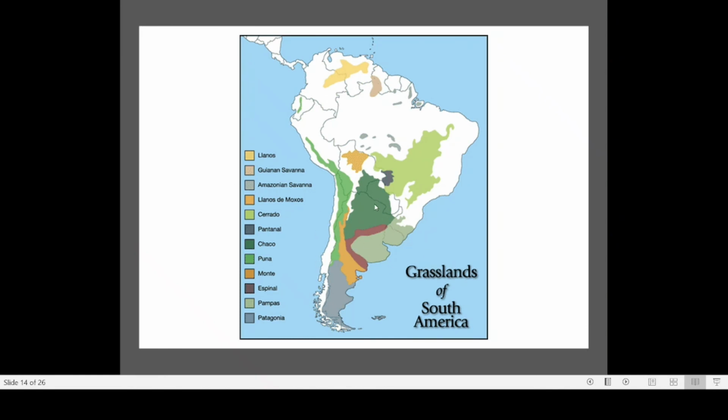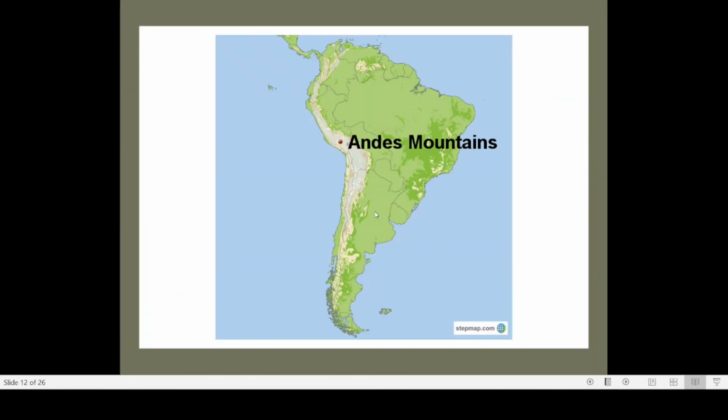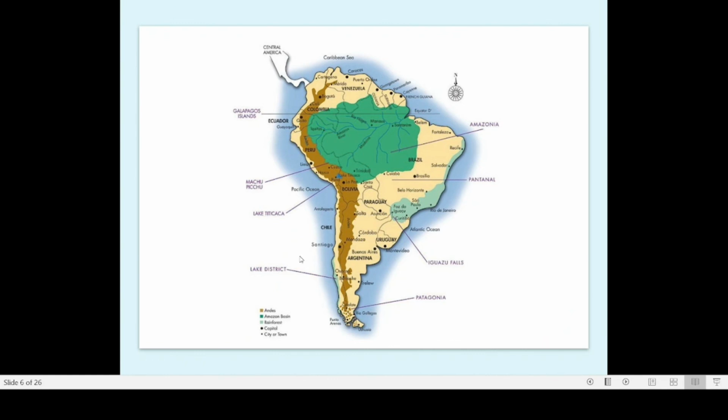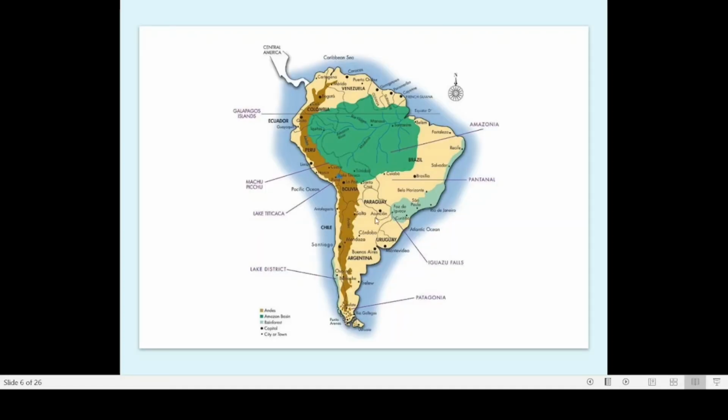See, for example, this is Argentina. Then the other countries are Argentina, Uruguay, Paraguay. These are the three countries.